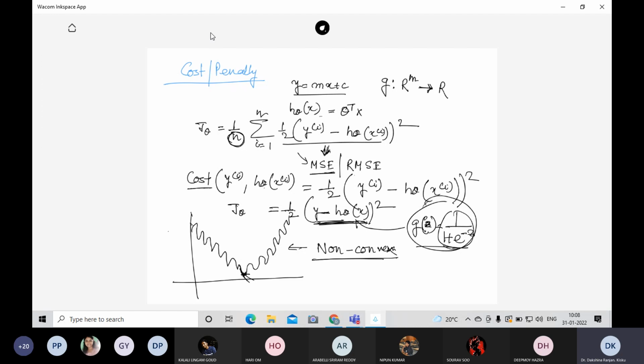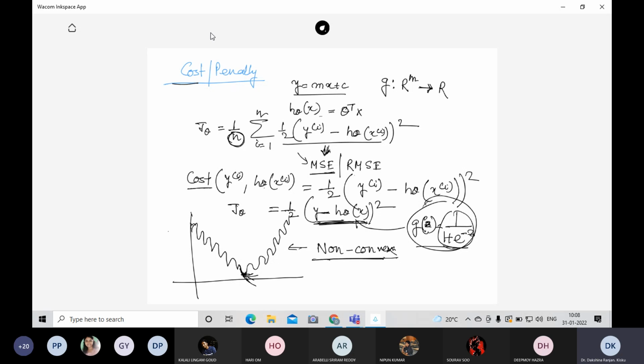In this non-convex curve, it is very difficult to find the global minima from this set of local minima. So it would be difficult to find the optimal representation for this cost function.